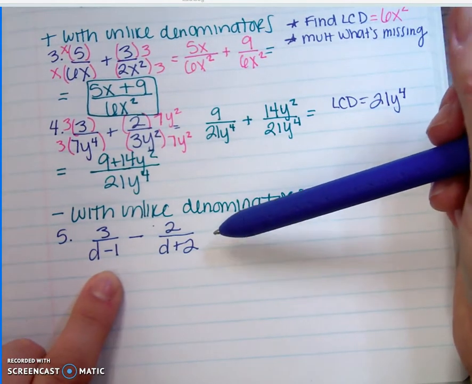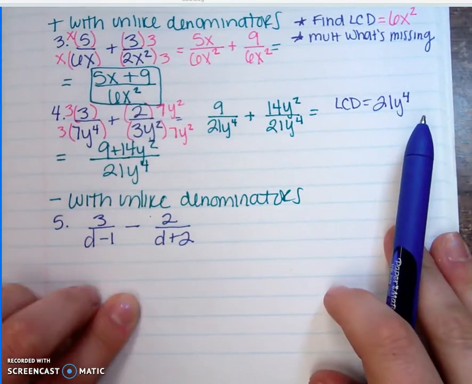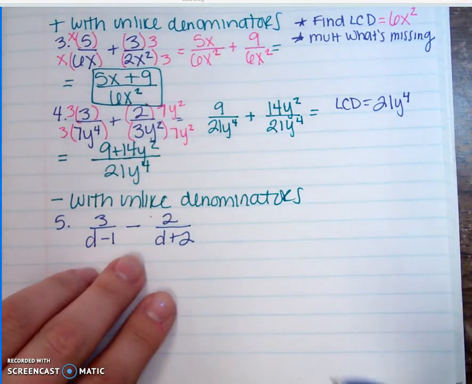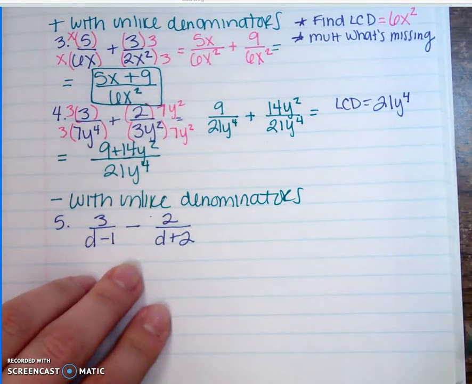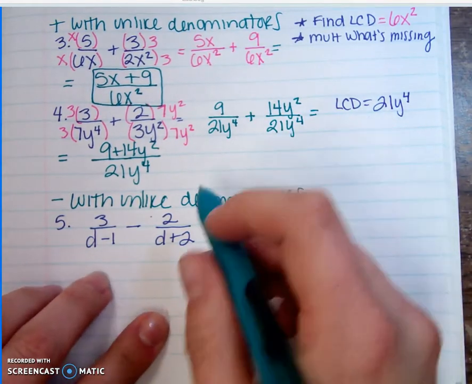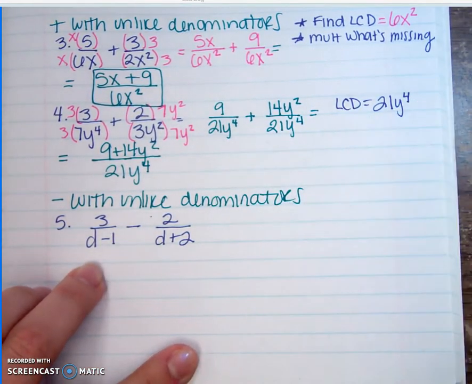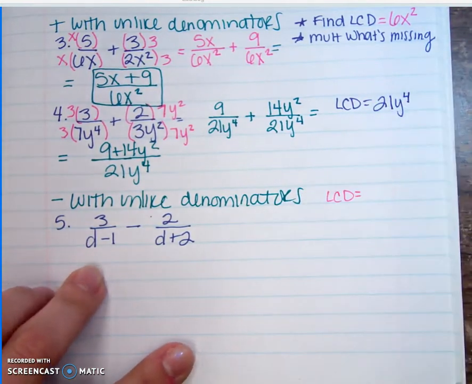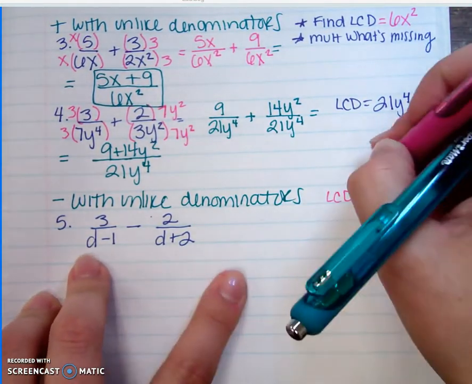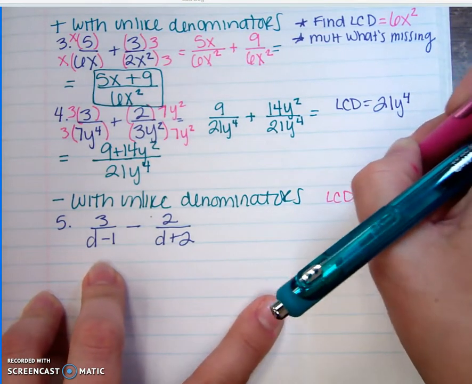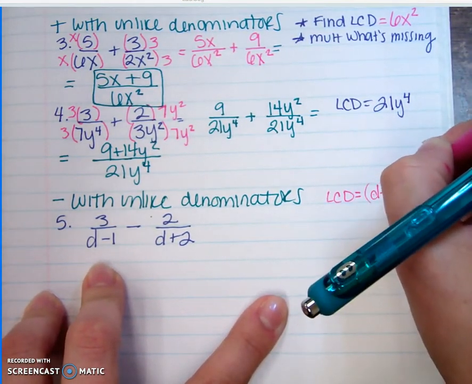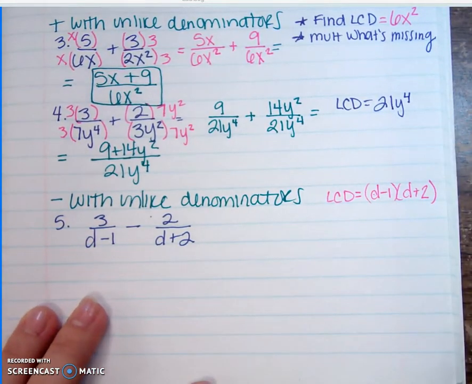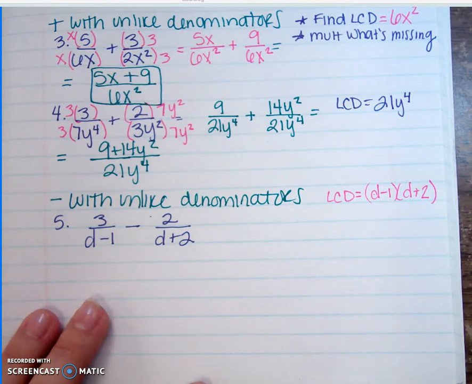If there are no common factors, so I can't just multiply by something to make them the same, I'm just going to multiply by whatever the other denominator is. So my LCD for this one is just going to be d minus 1 times d plus 2. And that's allowed to just stay like that. That can be your denominator. You don't have to change anything for that.